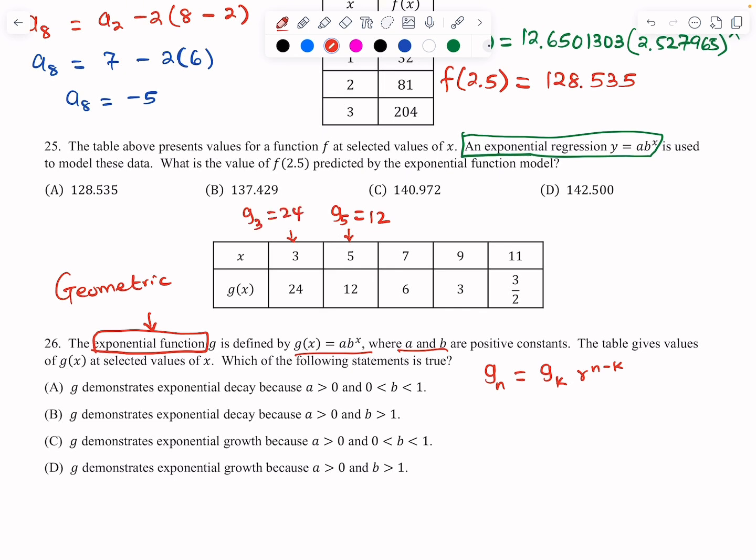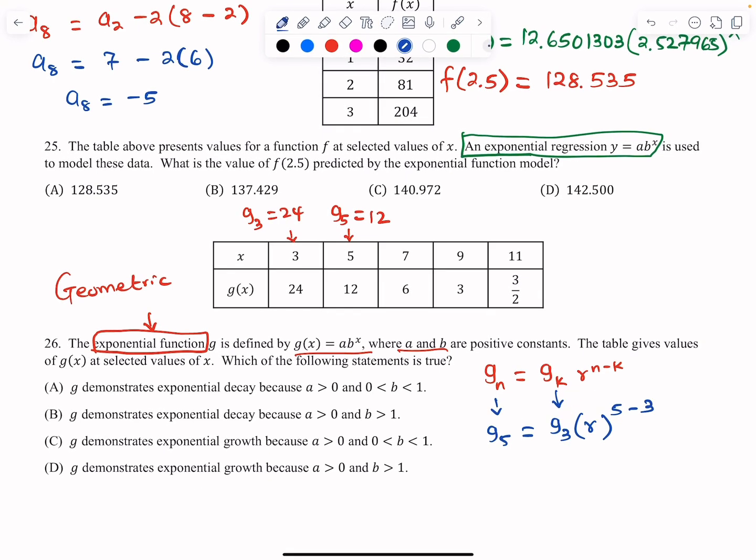And then I can use that to calculate r. So I put my G5 right here, and my G3 right there, and I'm looking for r. My n will be 5, and my k will be 3. Don't forget, your n is 5 and your k is 3.